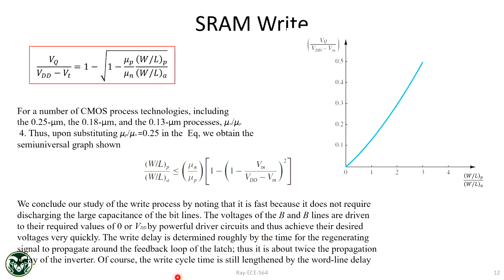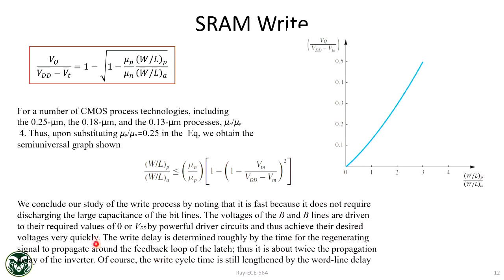To conclude, your write time is smaller than read time because here we are discharging the cell capacitance, CQ. CQ is on the order of femtofarads. That's why write is faster. And you have to take mobility ratios into account for calculating writability as well.